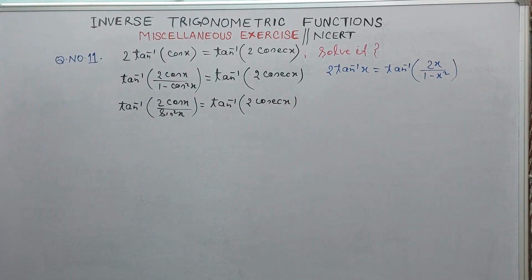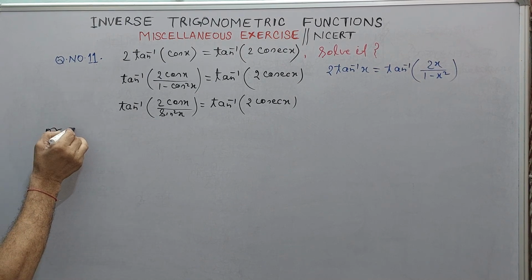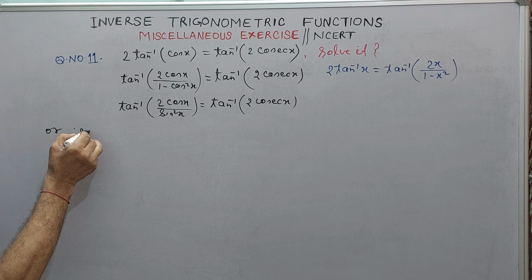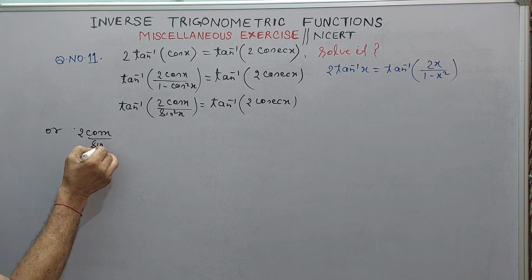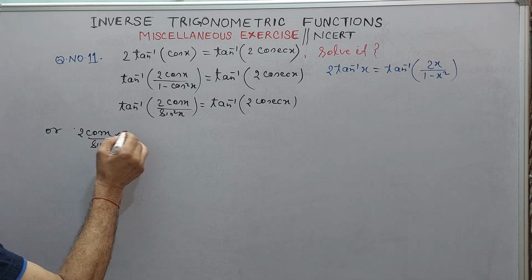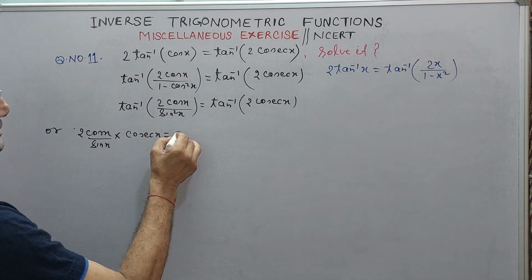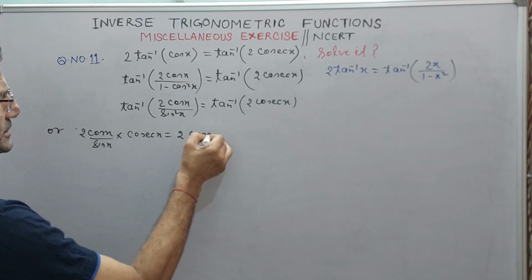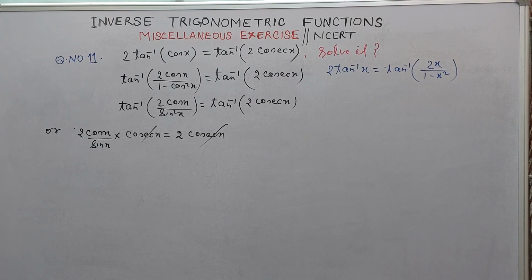So now tan inverse will be removed. Now 2 cos x upon sin square x: one sin x remains there and another sin x goes in the numerator. So it is equal to 2 cosec x, so that this cos x can be cancelled.